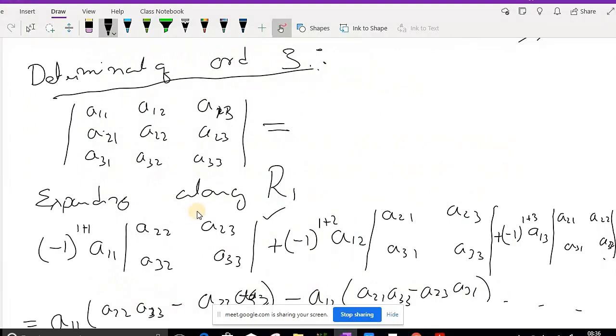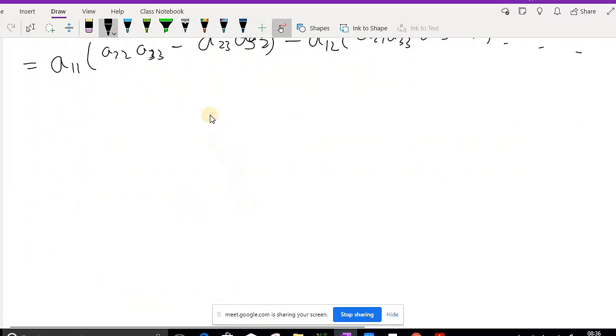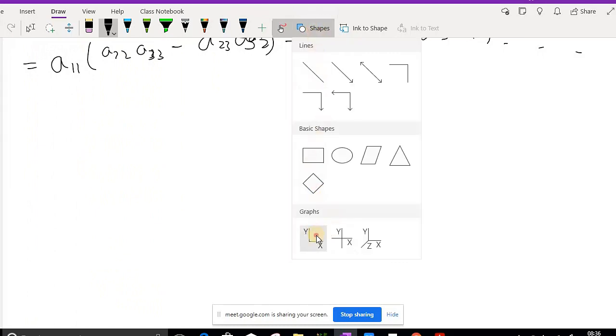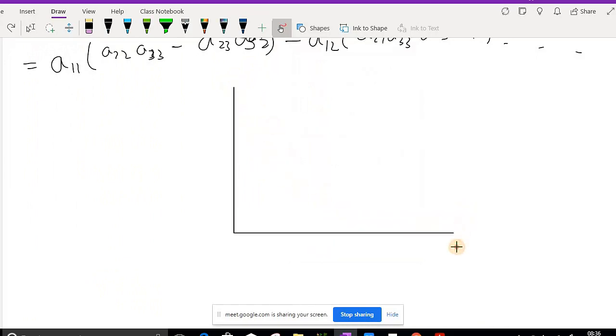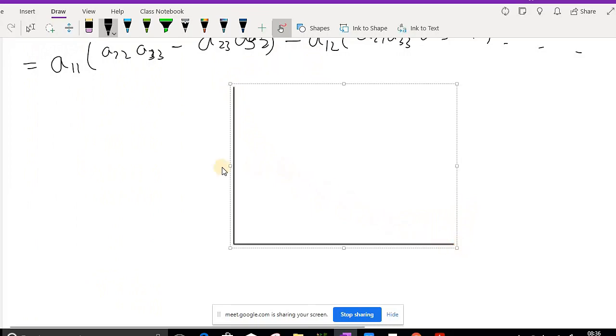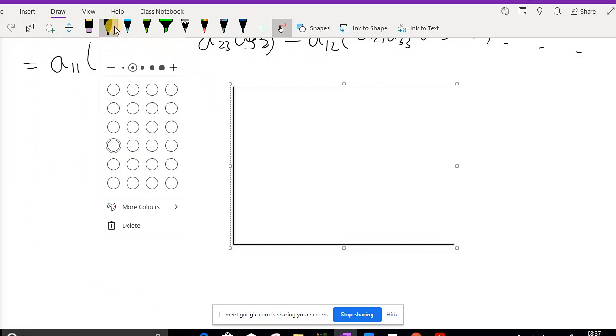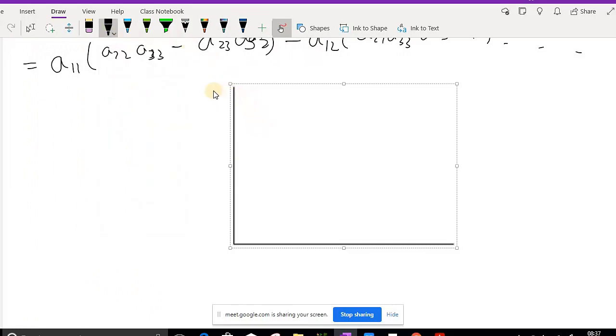Okay, so here we go. Let's say this is the xy plane. This is our y-axis, right?